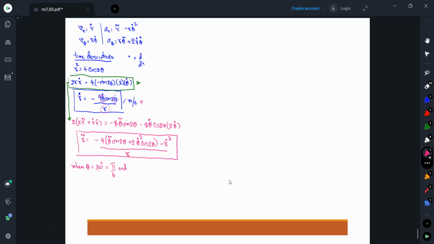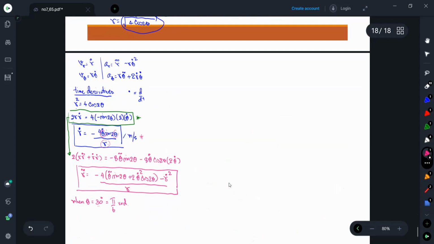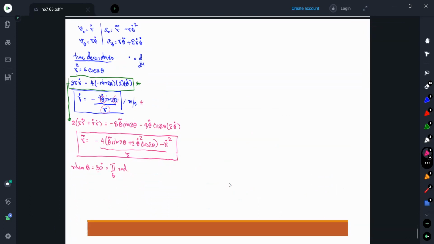After we substitute with the additional given value, that theta dot equals 4 t to the power 3 over 2, from the problem, we can determine theta by integrating this term, 4 t to the power 3 over 2 dt.